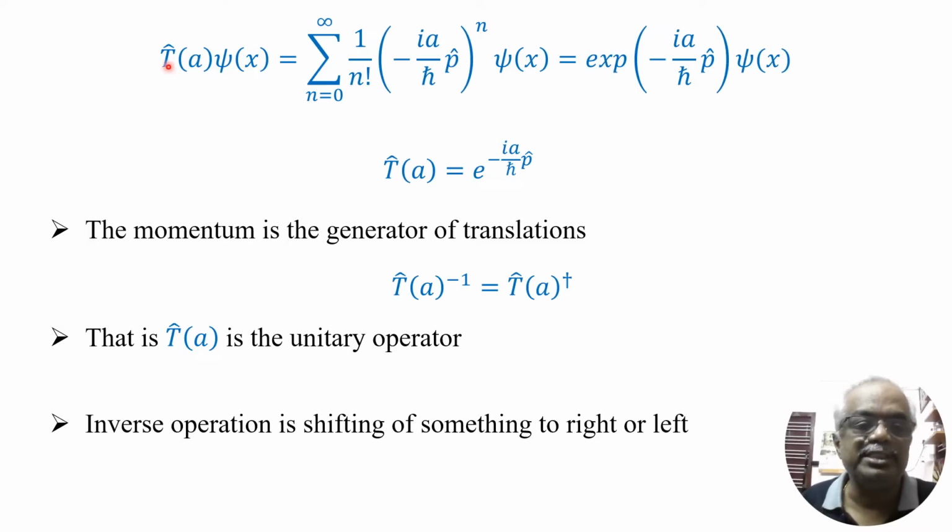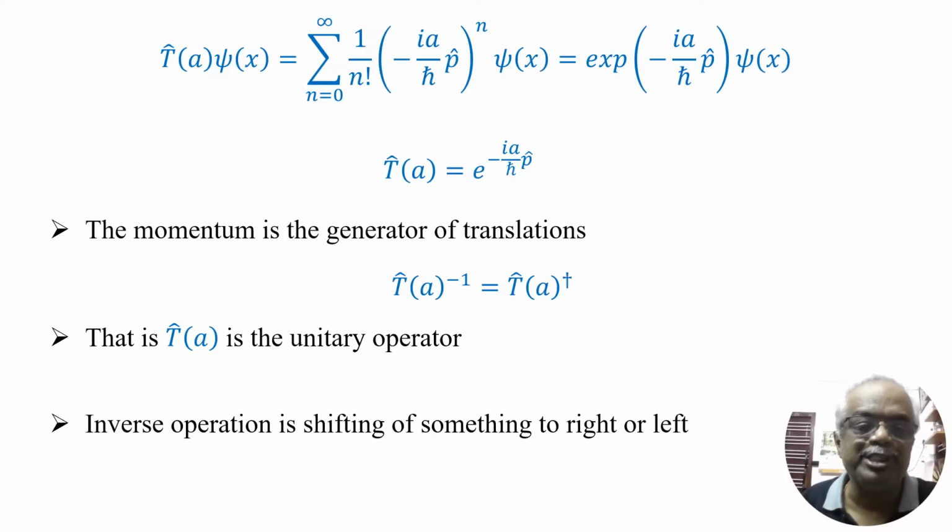Now we got that the translation operator T acts on psi of x. We will get summation over n equal to 0 to infinity, 1 over n factorial, minus i a over h cross p hat, whole power n, psi of x.